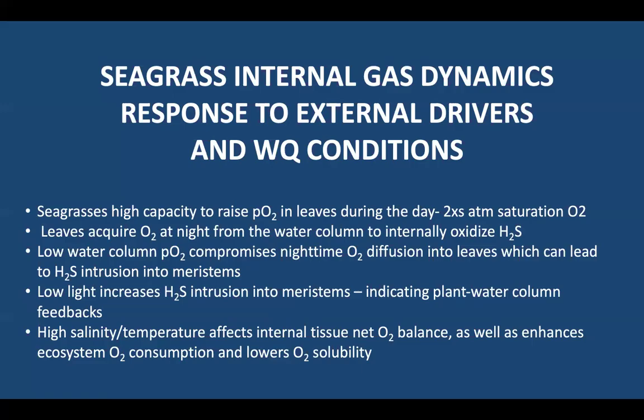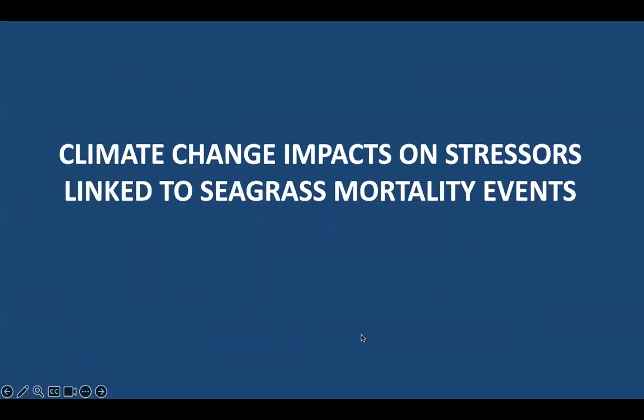Low light increases hydrogen sulfide intrusion into meristems, indicating plant water column feedbacks. And high salinity and temperature affect internal tissue oxygen balance, as well as enhance ecosystem oxygen consumption and lower oxygen solubility.